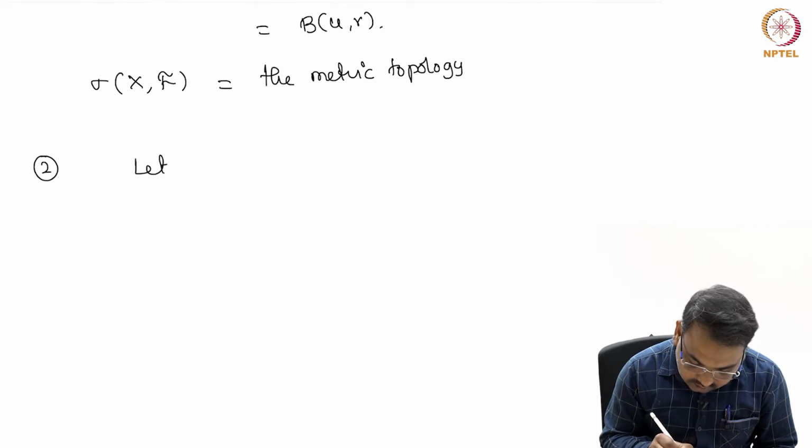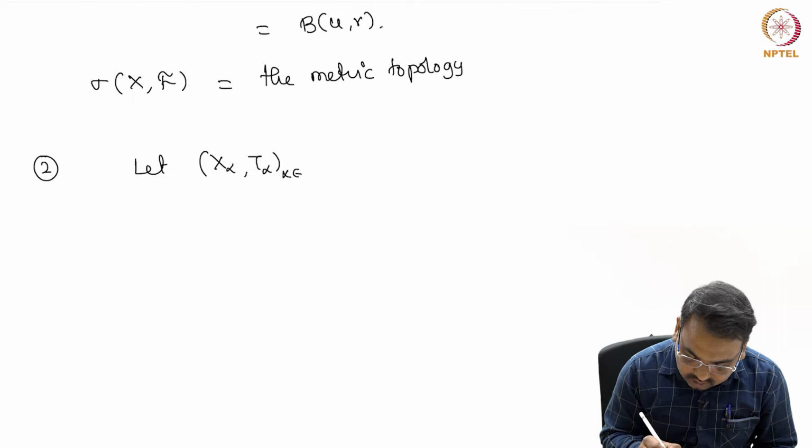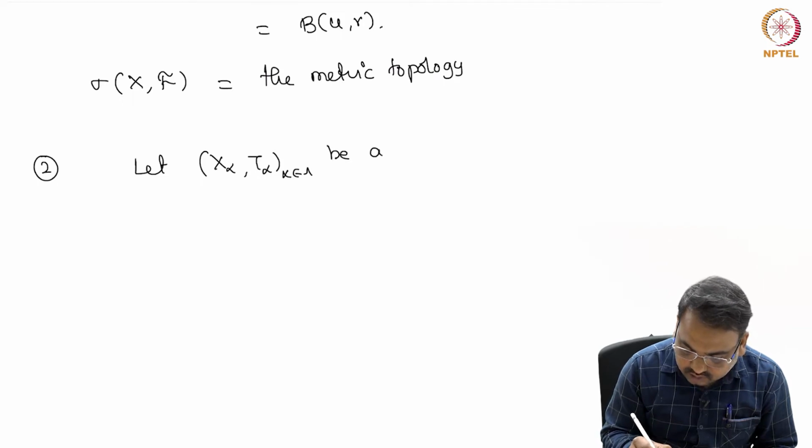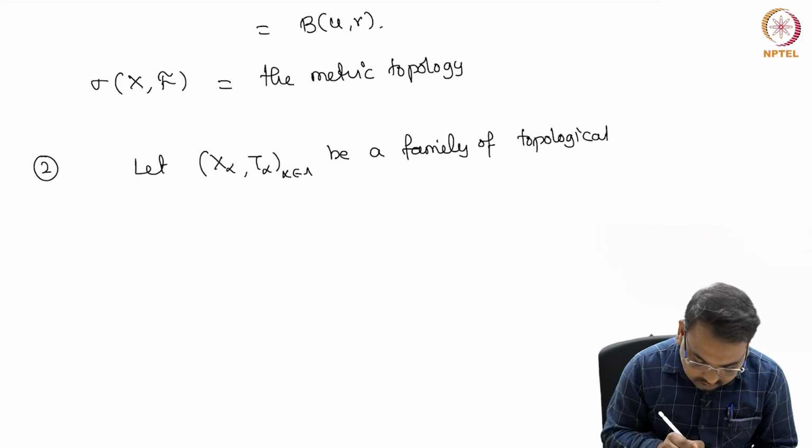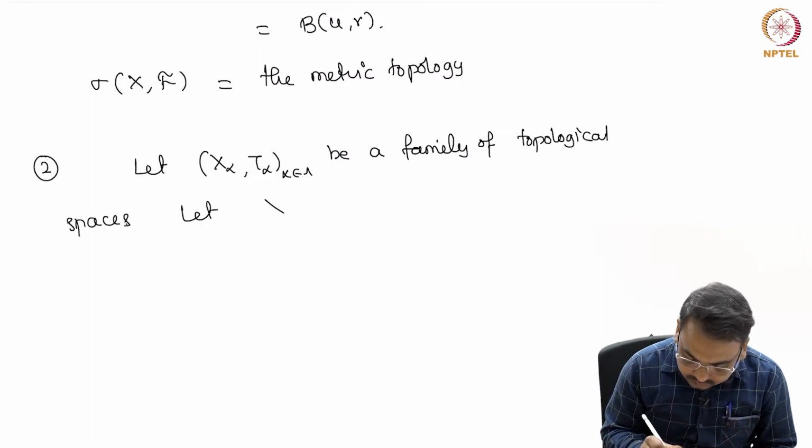Okay, let us look at one more example. Let (X alpha, tau alpha) be a family of topological spaces. Let us take X to be the product space.